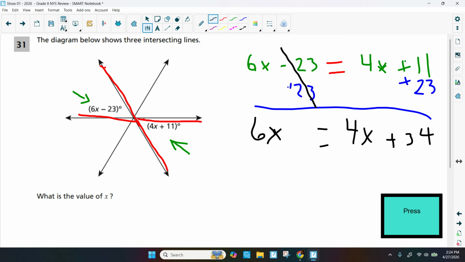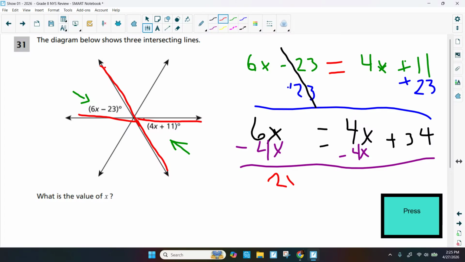Now I got to get the x's on the other side. So minus 4x, minus 4x, and I have 2x equal, these cancel out, and I have 34.